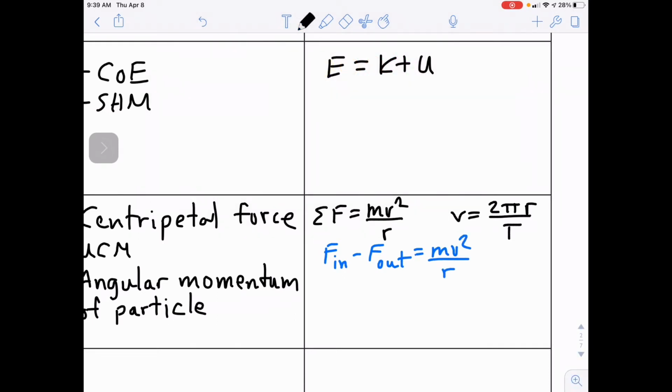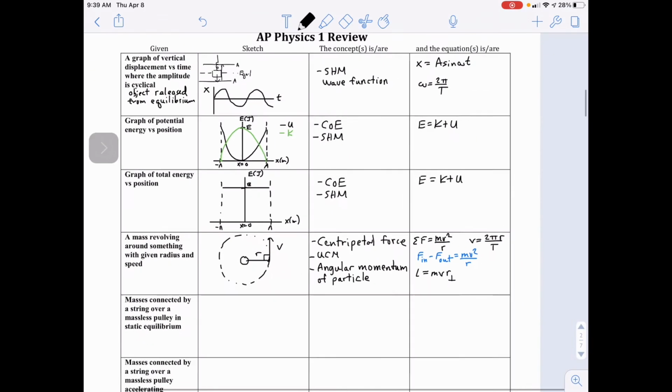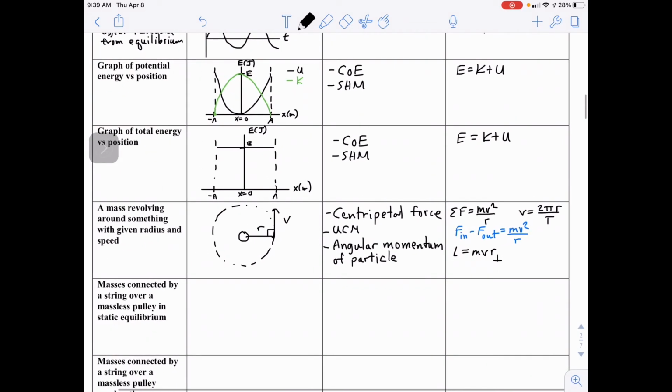For angular momentum, we should be able to note that for a particle, it's mvr perpendicular. Okay, now since the radius is perpendicular to the motion, then we don't need any vector component for that radius.